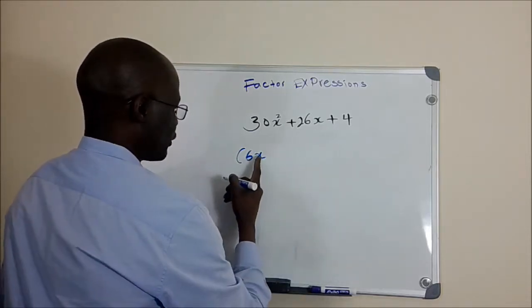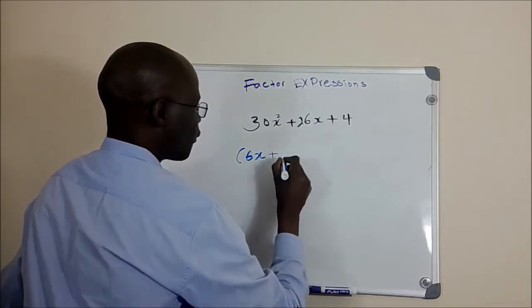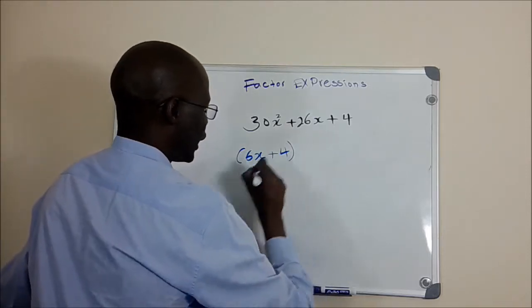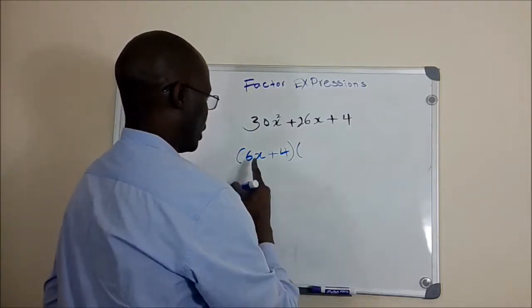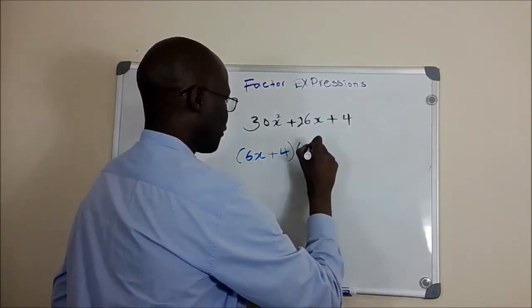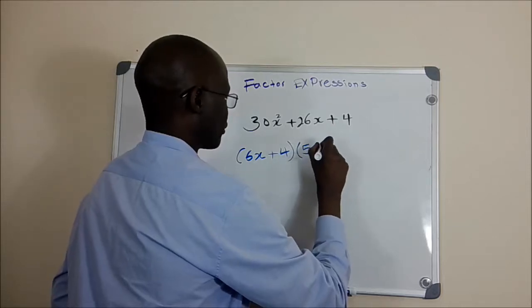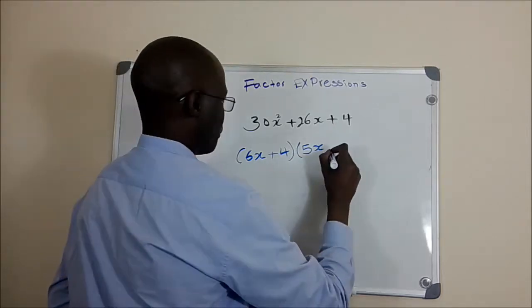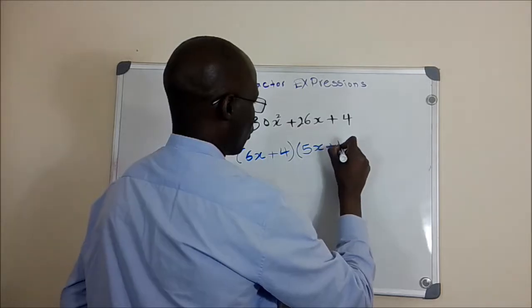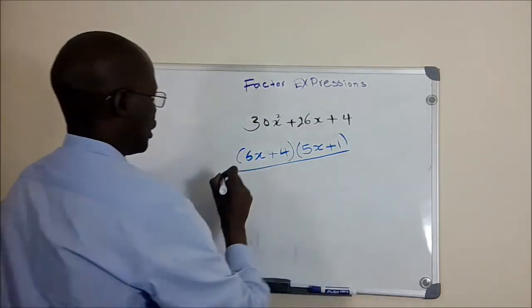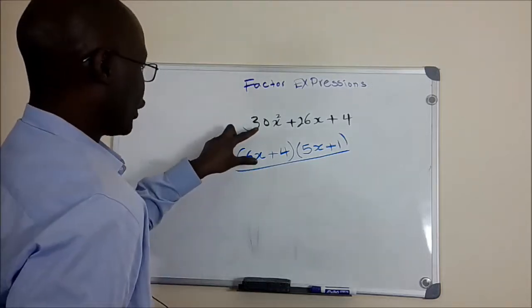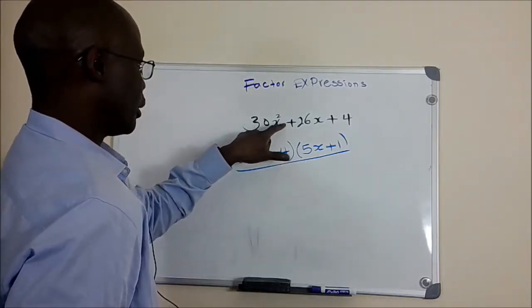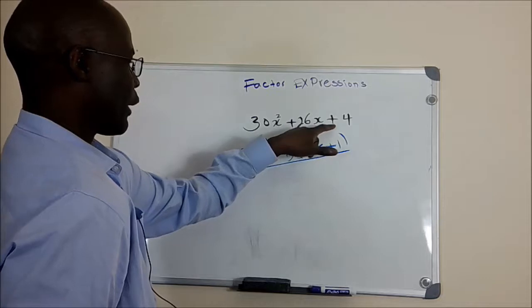So 6x plus 4, not 1. I'm going to show you the reason. And then this one should be 5x plus 1. So this is how you factor 30x squared plus 26x plus 4.